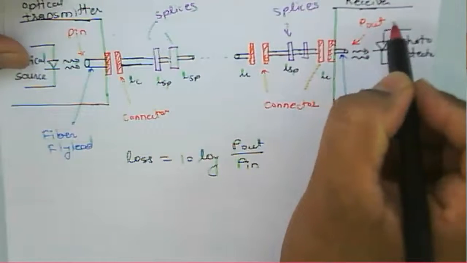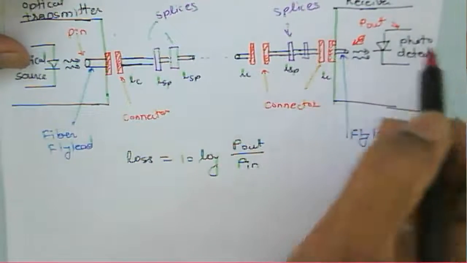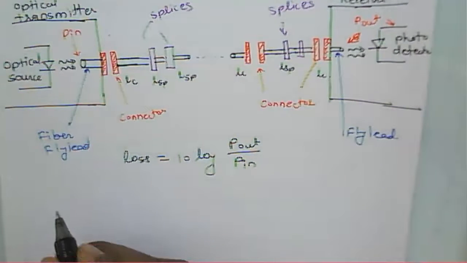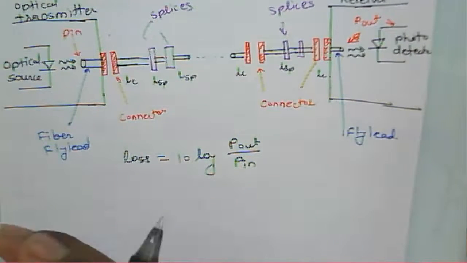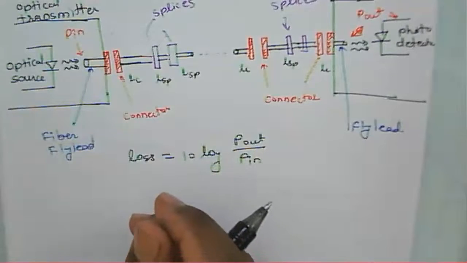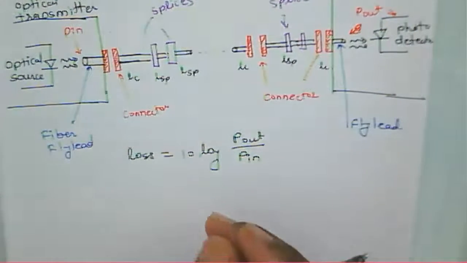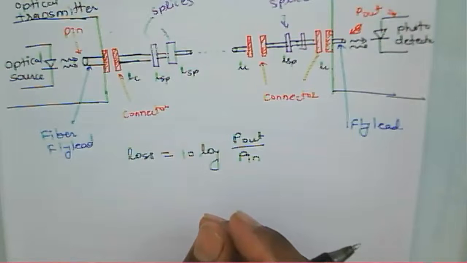Okay, across the detector, not here. So what will be the power received at the detector there? The power entering the optical fiber and leaving the optical fiber, that is what we call the power loss.